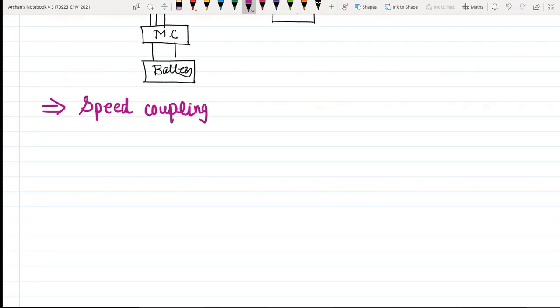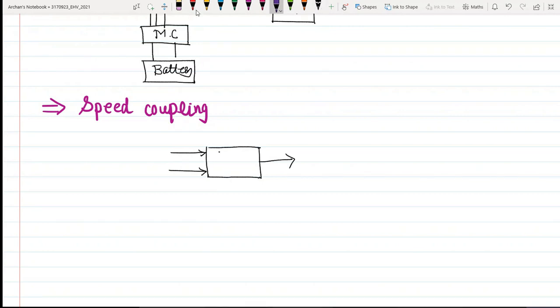The powers from two power plants may be coupled together by coupling their speeds. How? Simple. If we have one speed coupling device like this, we take the power from the first power plant, we take the power from the second power plant, and then we get some output power over here.